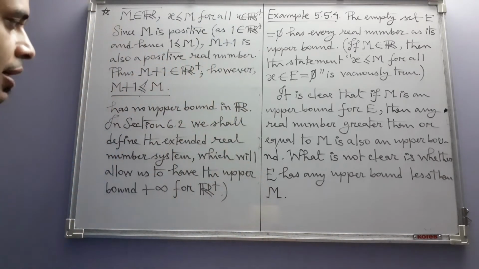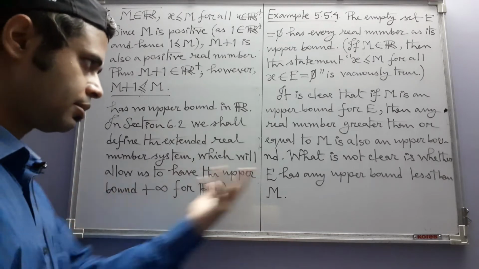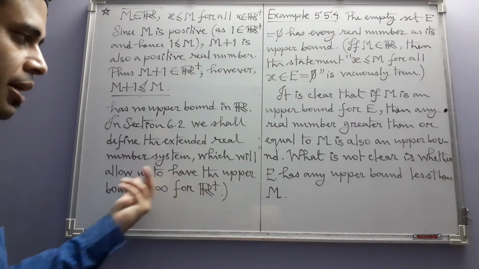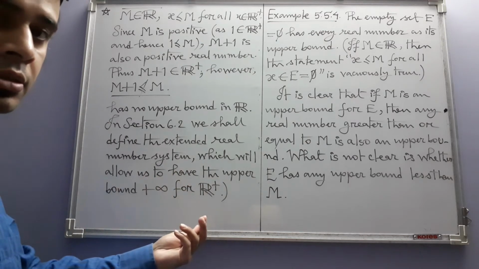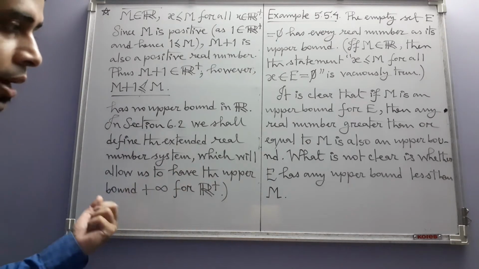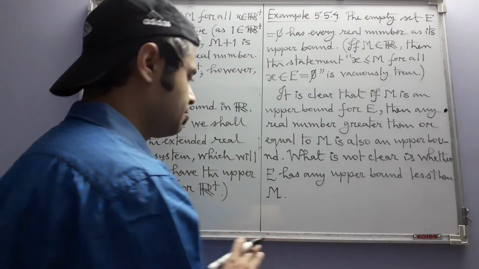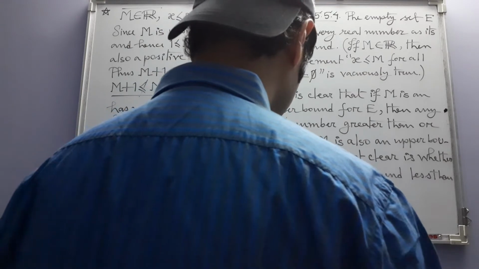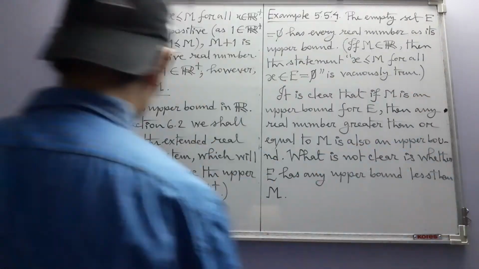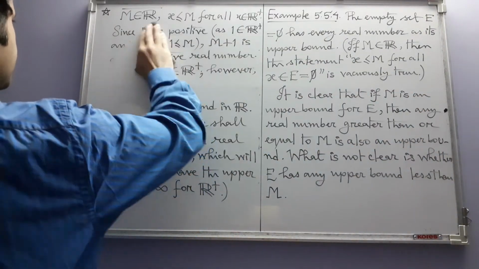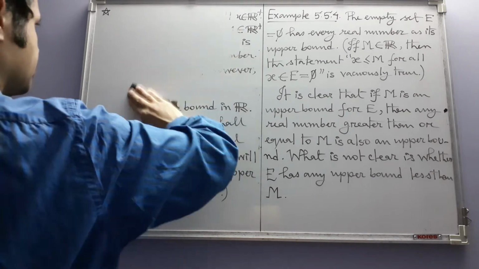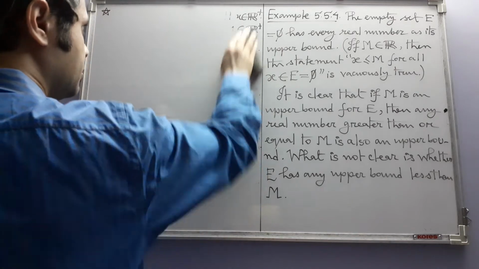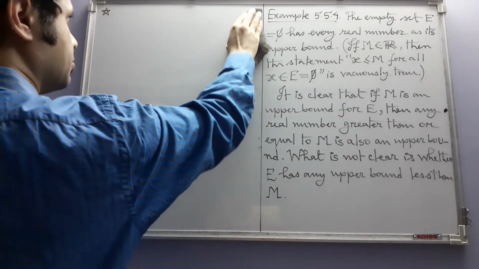If we have one upper bound m, then the larger numbers are automatically upper bounds, but we may or may not be able to find a smaller upper bound than m, and this prompts the next definition, which is very important, where we see the notion of a least upper bound.